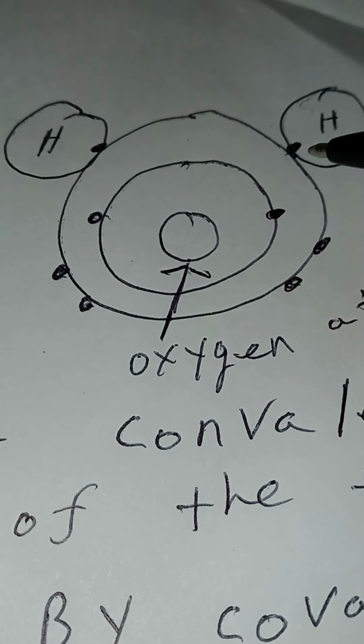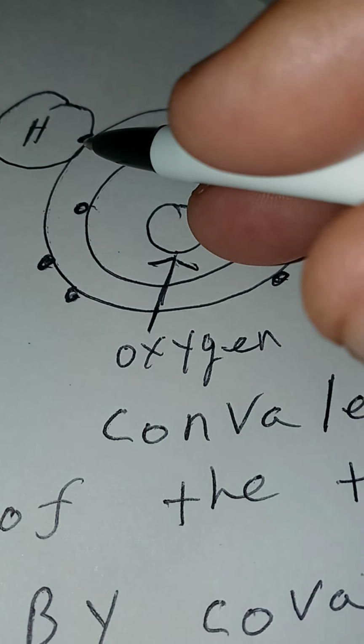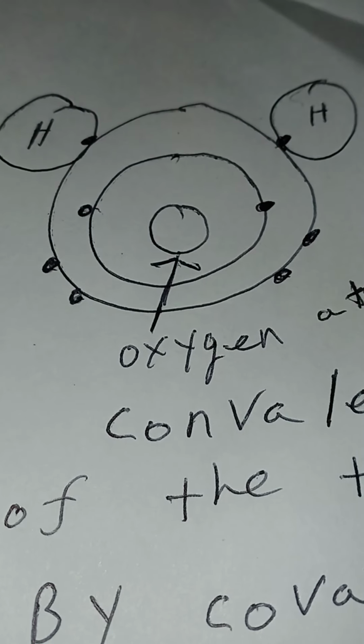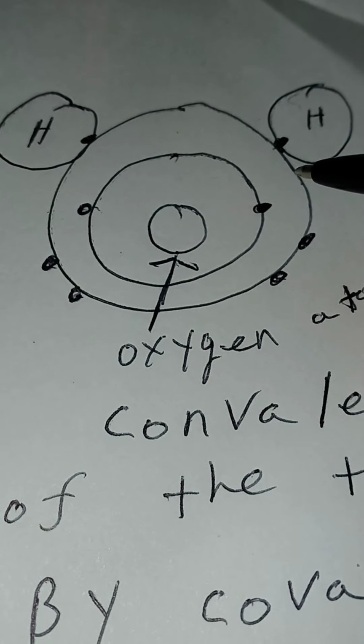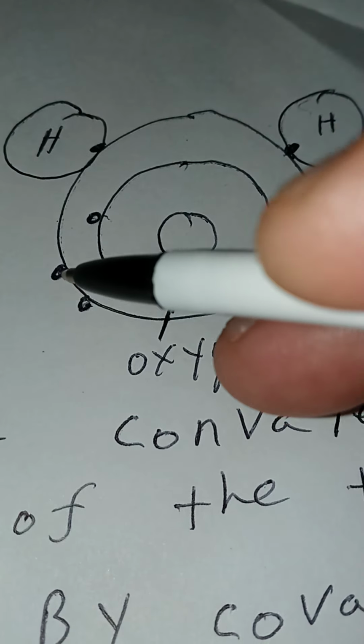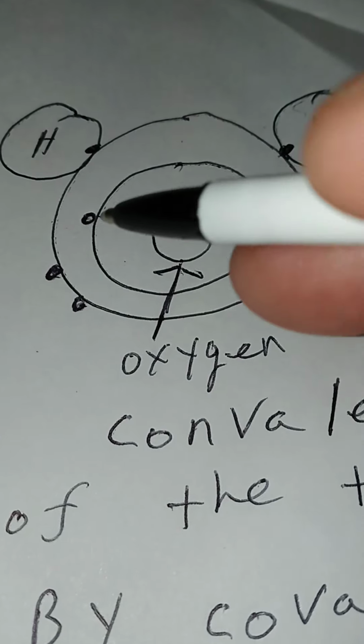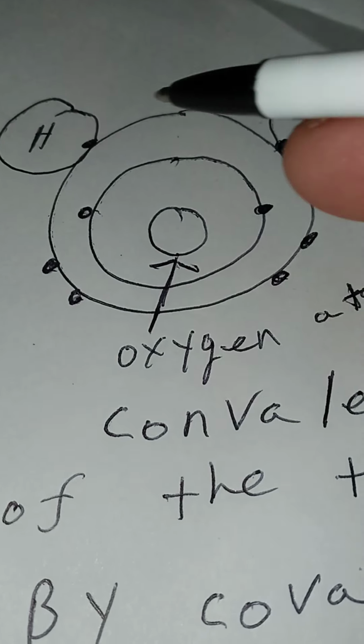So now each hydrogen is going to share one electron to the outer shell of the oxygen. So now let's count it. 1, 2, 3, 4, 5, 6, 7, 8.